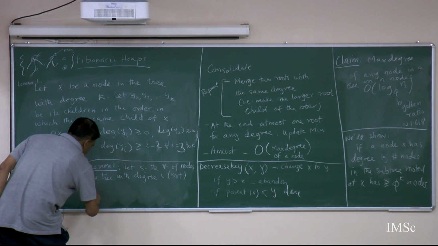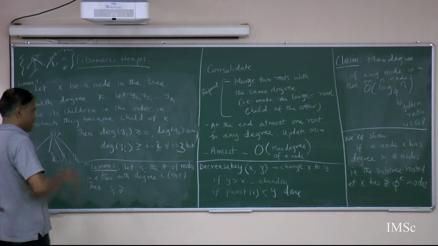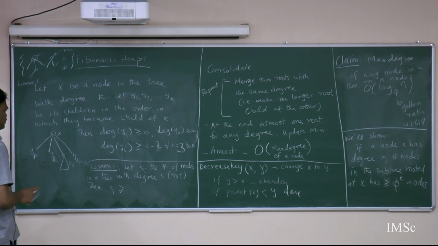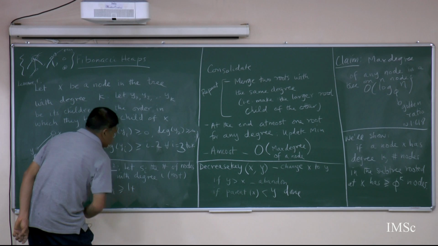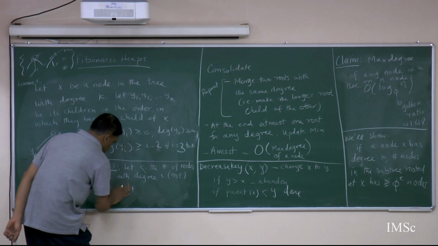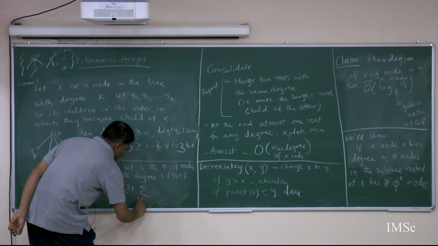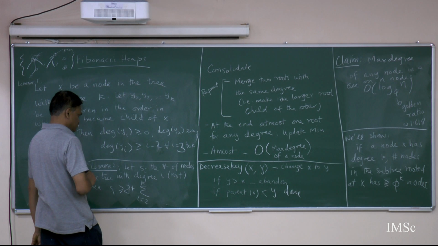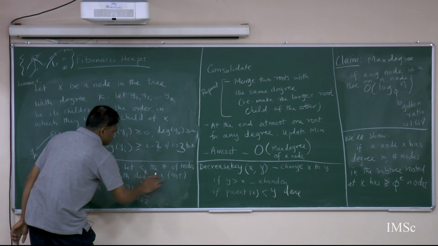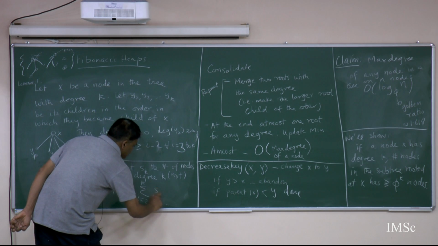Then S_i is greater than or equal to 2 plus the sum from i equal to 2 to k of S_{i-2}.